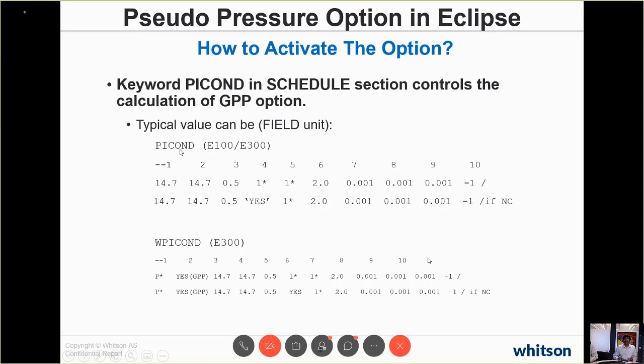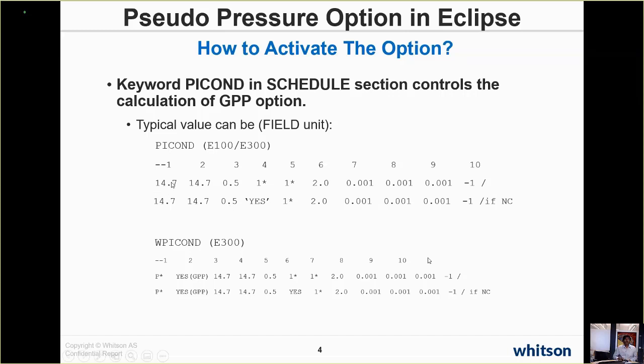So this PICOUNT keyword is available for both Eclipse 100 and 300. And here we have to give different numbers. Like the first number is 14.7. The default is 4 atmosphere, but if we say 14.7 in field unit, it will take that point every 14.7 psi for making this pseudo pressure integral calculation.